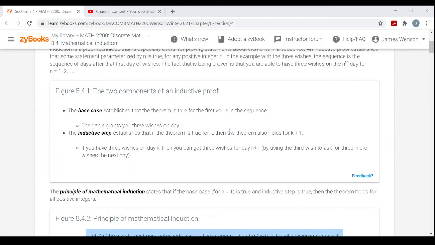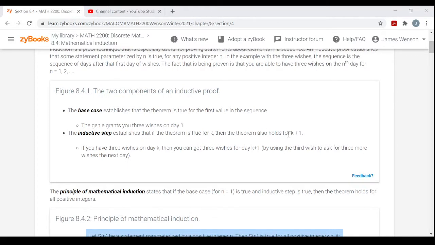We have to show it's true in the base case when the value of the integer is 1, and then we'll show what's called the inductive step. We'll show that if the statement is true for n equals k, then it must be true for n equals k plus 1.